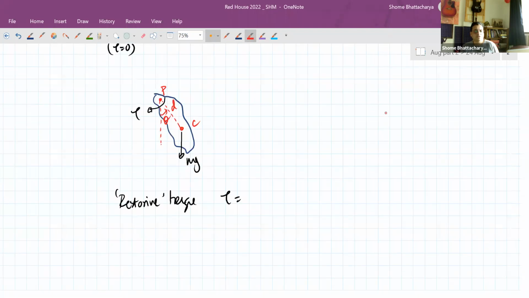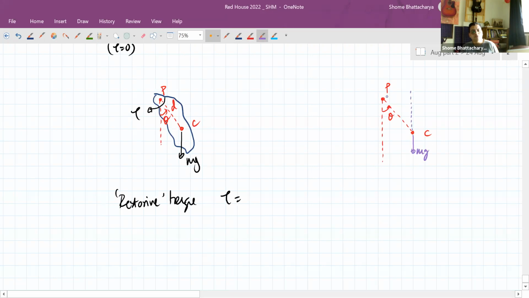So just drawing this separately over here, this line PC is at an angle theta with the equilibrium position vertical situation, then the moment arm for the mg force becomes d sine theta.